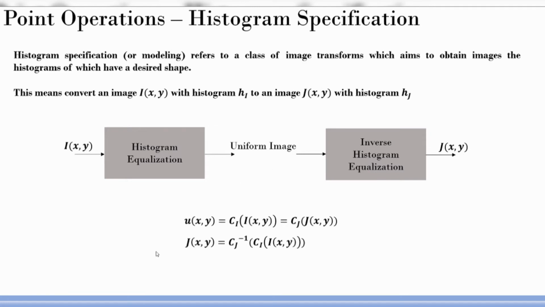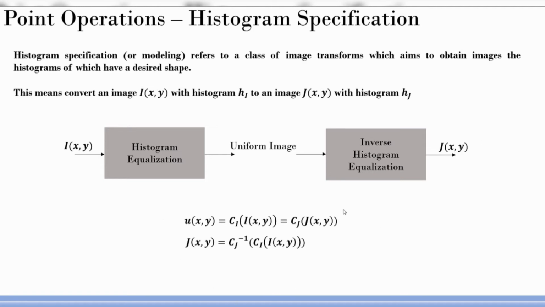I take the first image, I do histogram equalization, and more or less we can call that image a uniform image in terms of histogram, right? Because I will have a uniform distribution of the histogram. Once I make this uniform image, I can apply something like inverse histogram equalization, which is actually making use of the histogram of the ideal image, and then I come up with something like this.